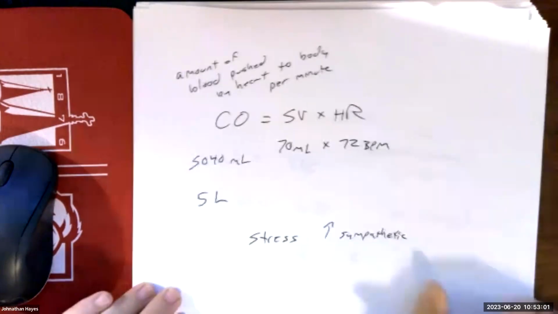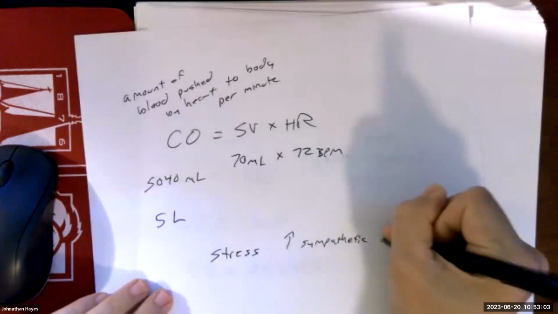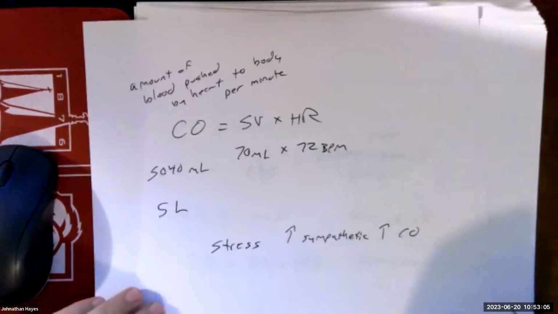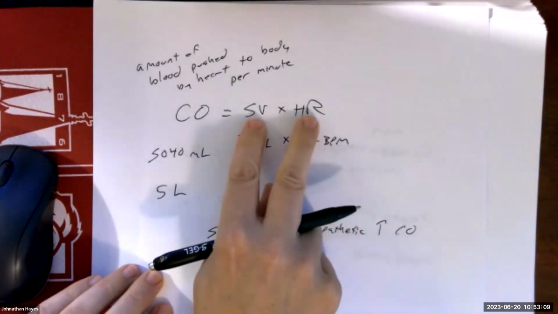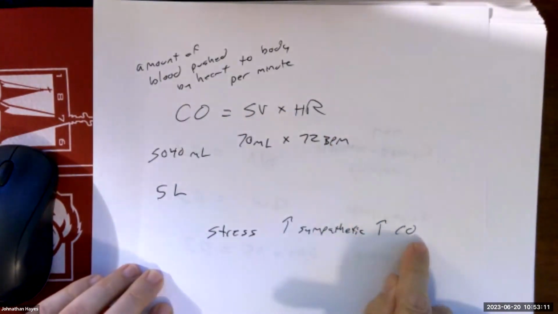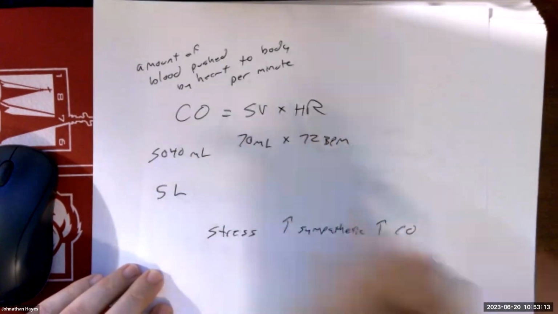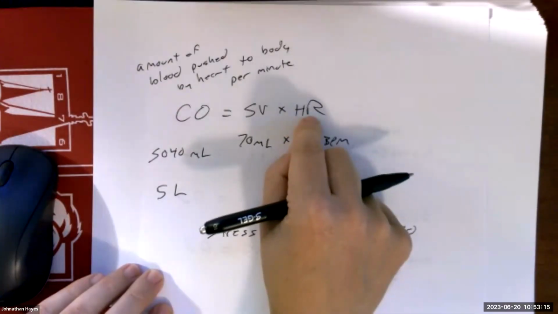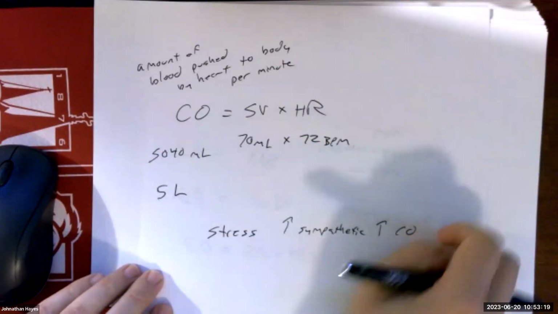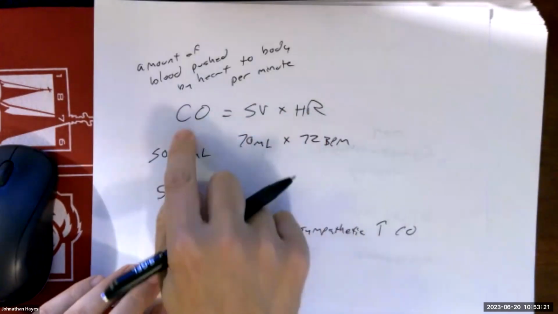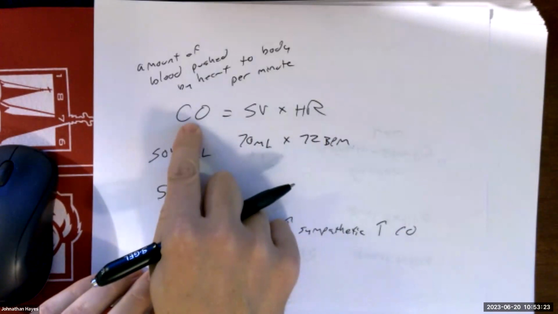And increased sympathetics is going to increase my cardiac output. When I increase cardiac output, it's because I'm altering these two things. So how can I alter cardiac output? Well, I need to either alter stroke volume, or alter heart rate, or both. These are the determining factors of what cardiac output can be.